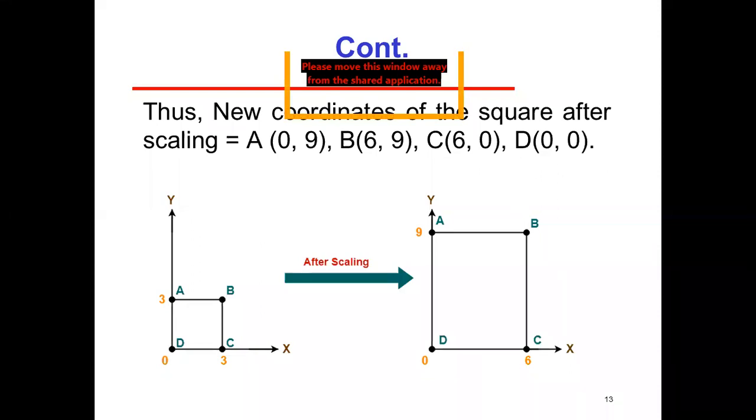And whenever we study the 3D representation of objects, the matrix representation will be done by a 4 by 4 matrix.